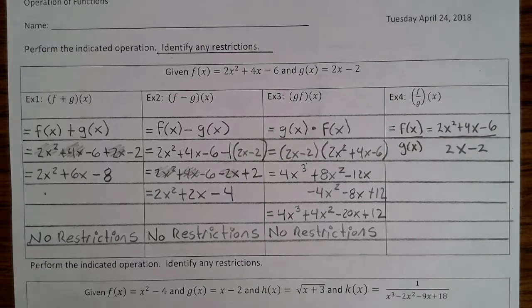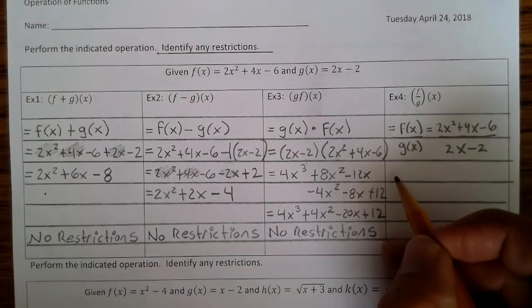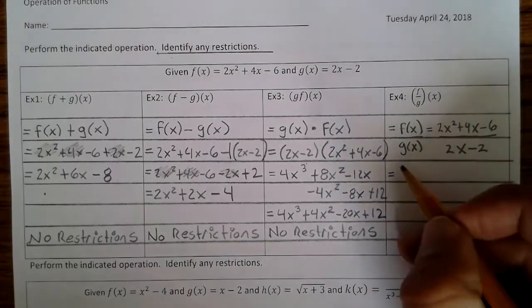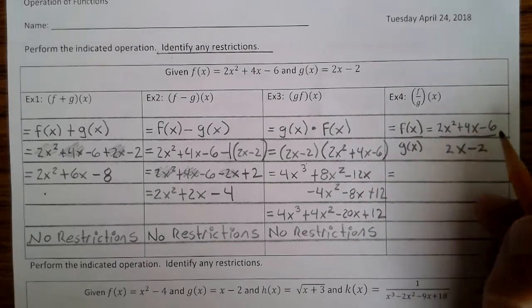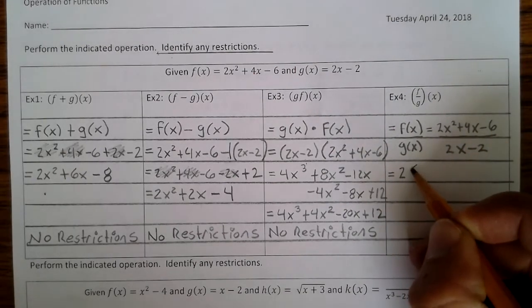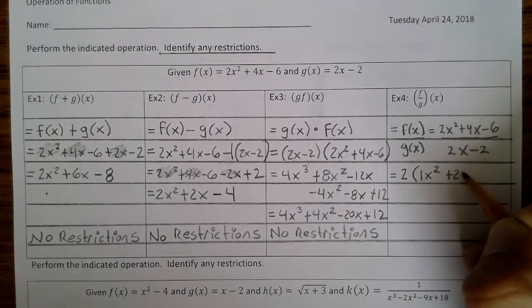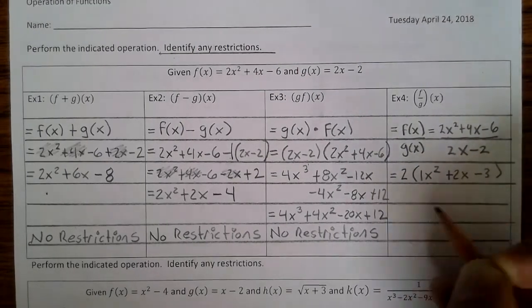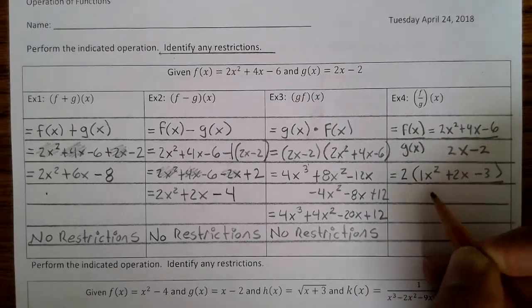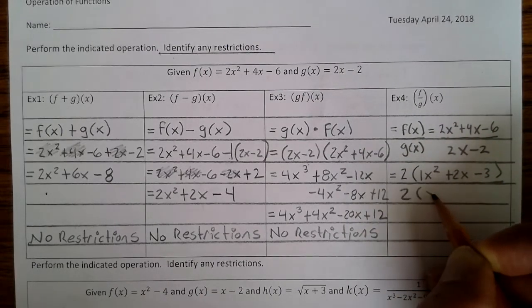All right. So here, I would think, factor that. So we can factor out a 2 from each of these terms. So that's 1x squared plus 2x minus 3 divided by, we can factor a 2 out of that, and that's x minus 1.